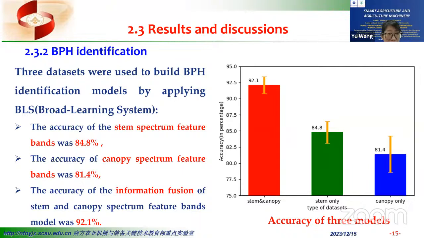The dataset of stem spectral features obtained an accuracy of 84.8%, and the dataset of canopy spectral feature bands obtained an accuracy of 81.5%. The information fusion of stem and canopy spectral feature bands model was also used for BPH identification, which obtained an accuracy of 92.1%.